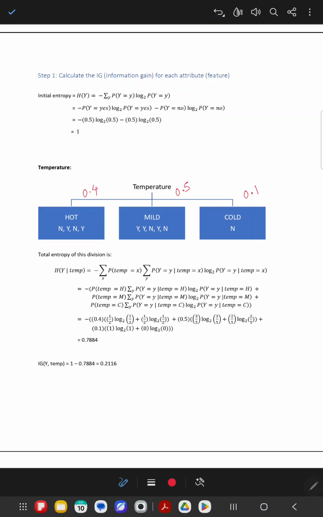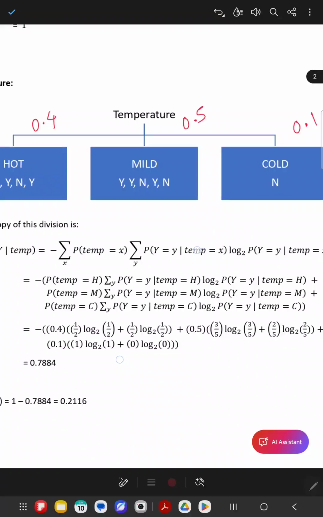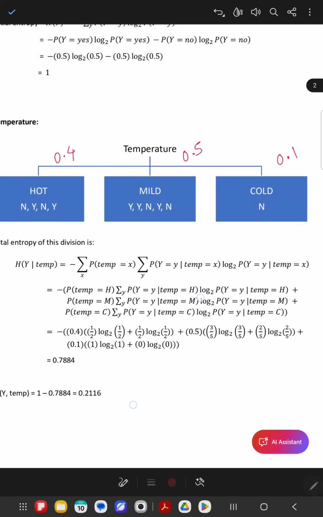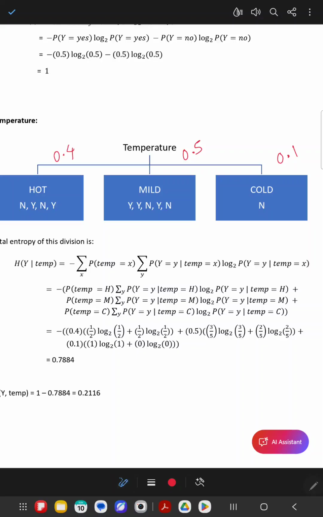Okay, now let's calculate the entropy for the hot temperature rows. For the hot temperature rows, as you can see, 2 of them are yes, 2 of them are no. Again, exactly half of them are yes and half of them are no. So therefore the entropy of this will be 1.